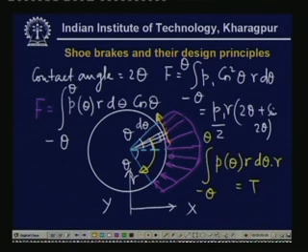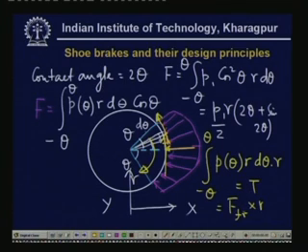If instead of this distributed friction force you consider the friction force acting as a concentrated force, then it must act over here, because the concentrated force due to this pressure is acting along this direction. So the concentrated friction force must act over here, and the value of the concentrated friction force is F friction times R, because they should give the same amount of frictional torque.